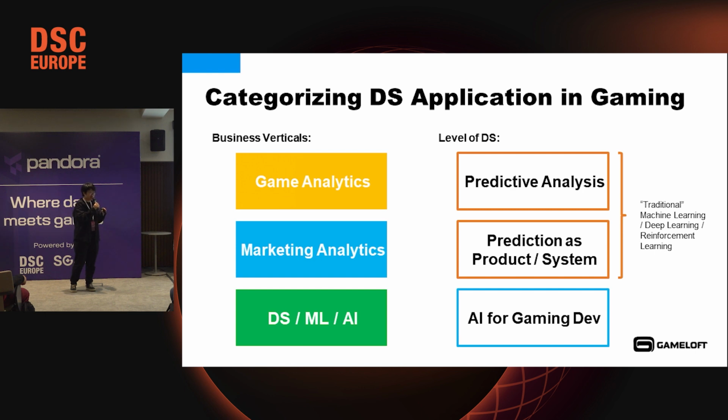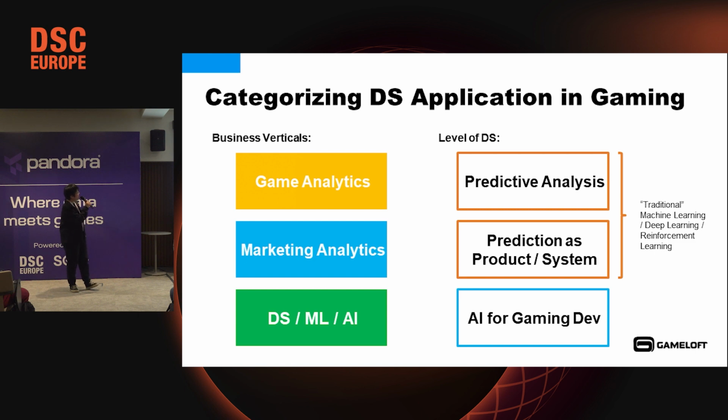The second part is prediction as a product or a system. This is something that is embedded in the game, an application that directly faces our players, our clients, or our partners when it comes to advertising in gaming. This is also a core part of why some of the things are still working nowadays in free-to-play games.